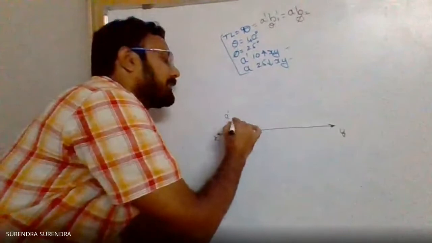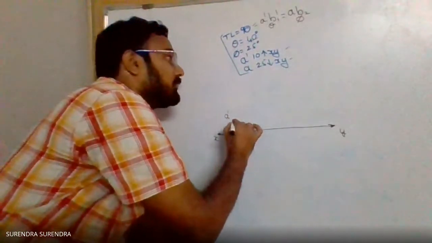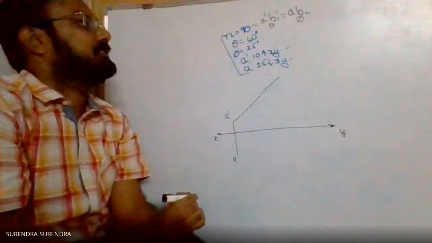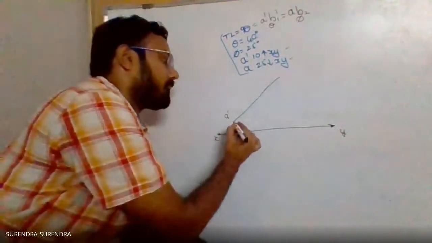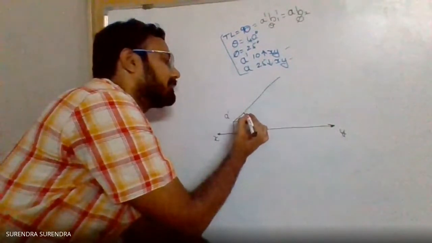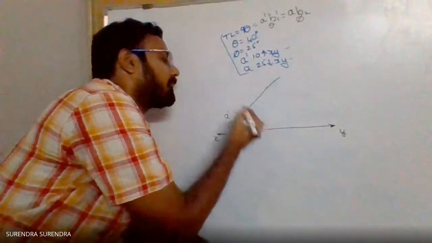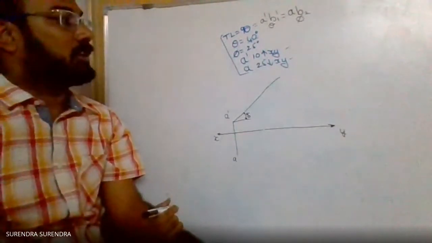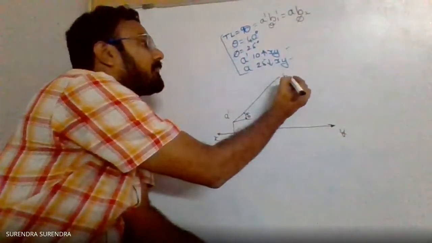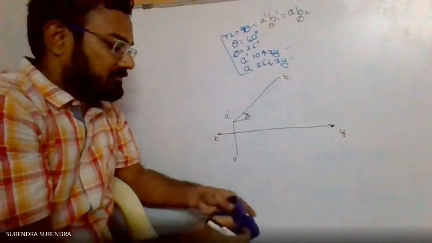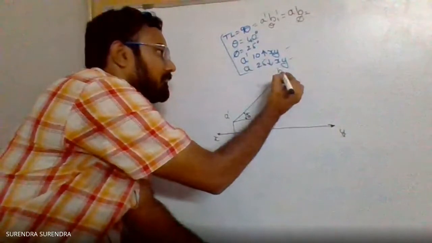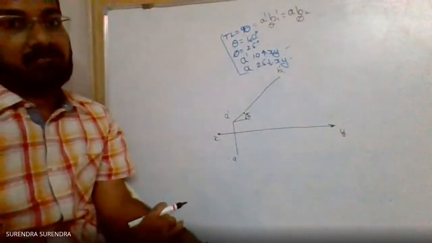So from A dash, draw an inclined line of length equal to the true length 90 mm at 40 degrees inclination. The end point is B1 dash.